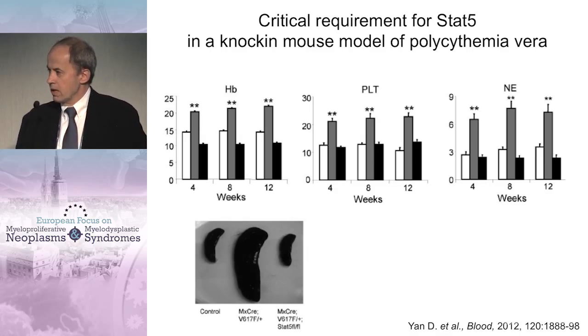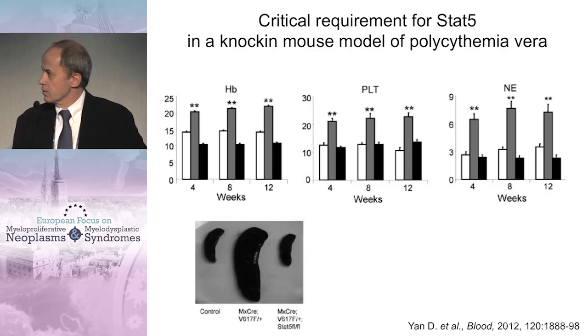Here in a mouse knock-in model, the group of Ghulam Mohi did the same experiment and found the same result. So we have here the mutant mice, and when you delete STAT5, then hemoglobin normalizes, the platelets go down, and also the neutrophils.